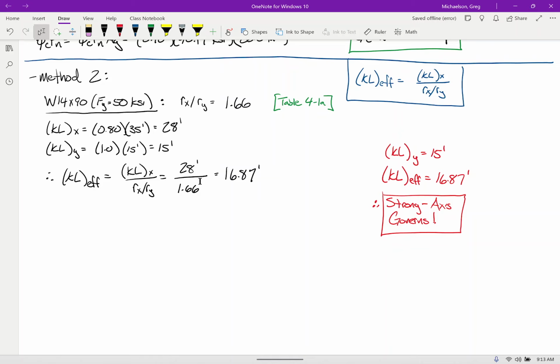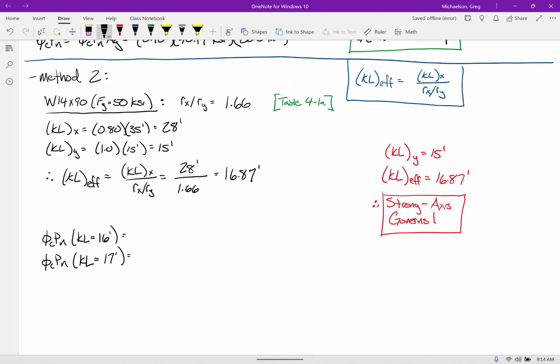Now, can somebody tell me in the table what is the capacity for 16.87 feet? That's a trick question, by the way. You can't do that, right? Because the table does not list a capacity for 16.87 feet, does it? Instead, what it does is it says we have this, and we have that.